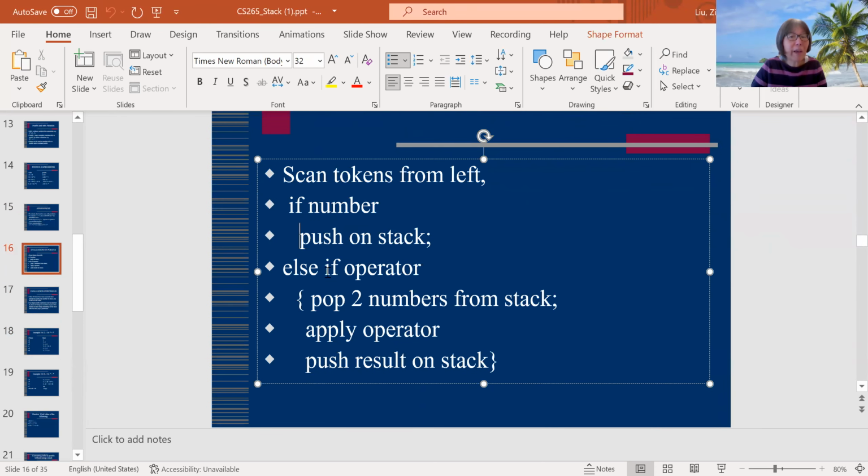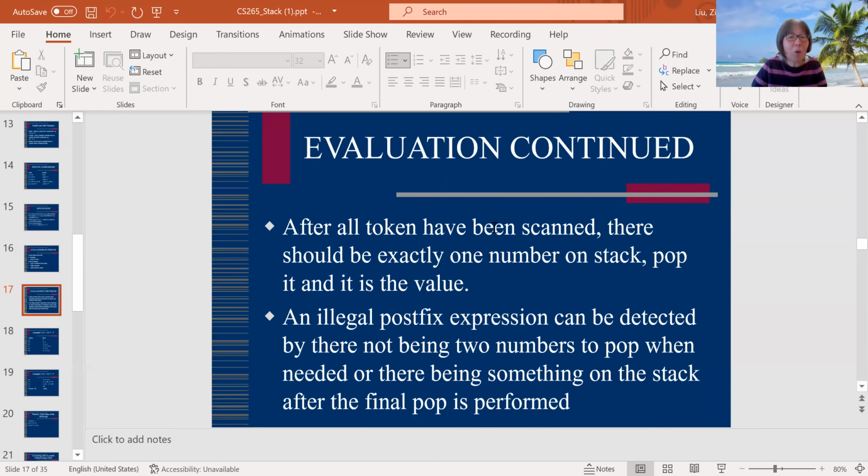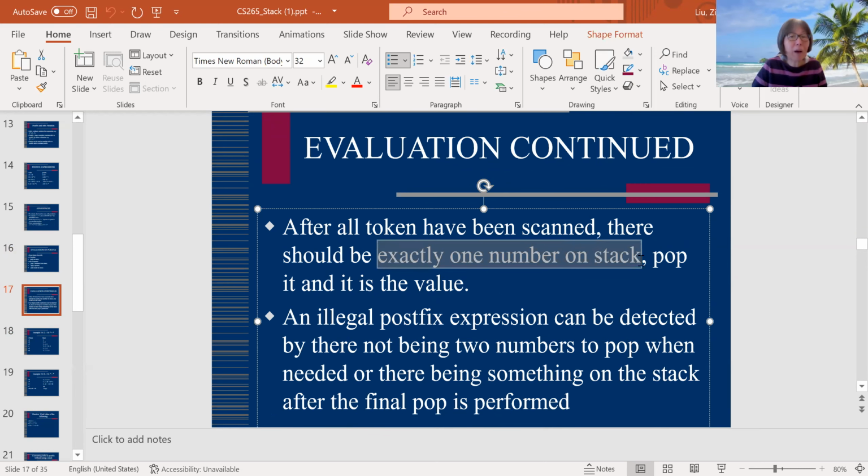If it is an operator, then we pop 2 numbers out of the stack and apply the operator, then push the result back to the stack. So we already saw that. And after all tokens have been scanned, there should be only 1 number on the stack, then pop it and it is the value.